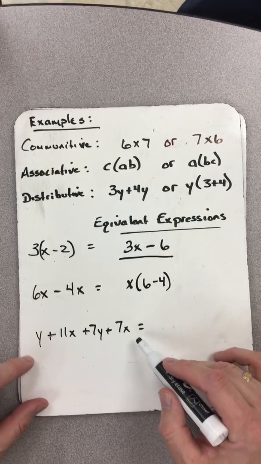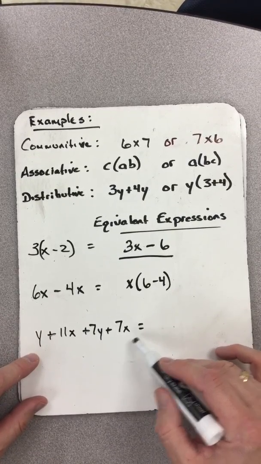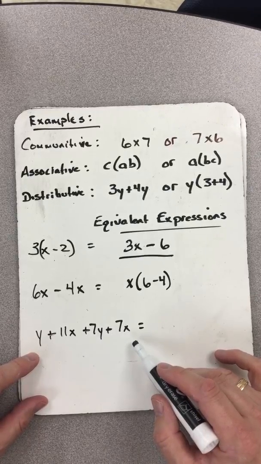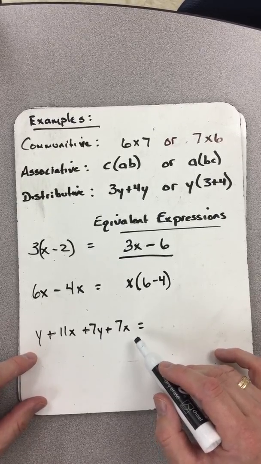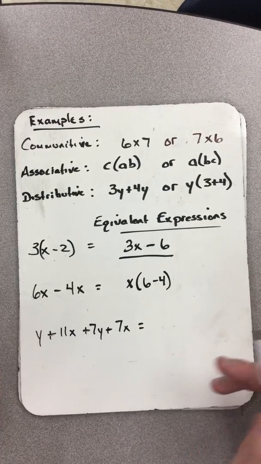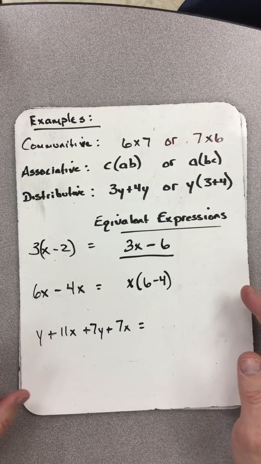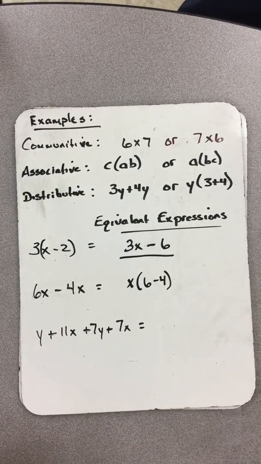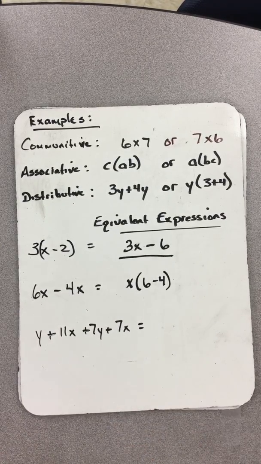So down here, I want to write an equivalent expression, so I'm just going to combine like terms. No distributive property here. I'm just combining like terms to build myself an equivalent expression. In that case, I see I have a y here. So I'm going to use a different color, that way you can tell the differences between them.